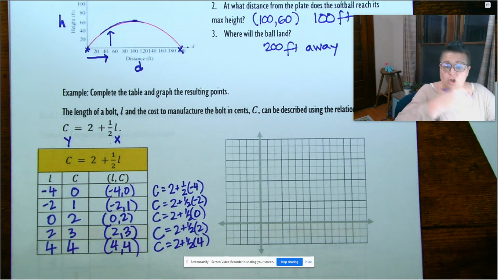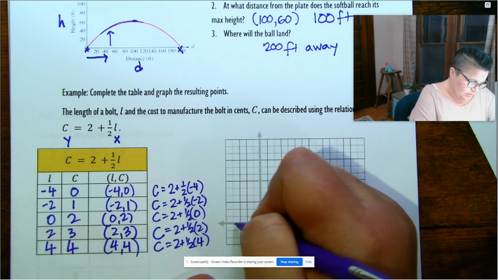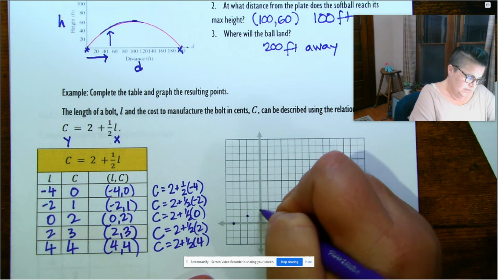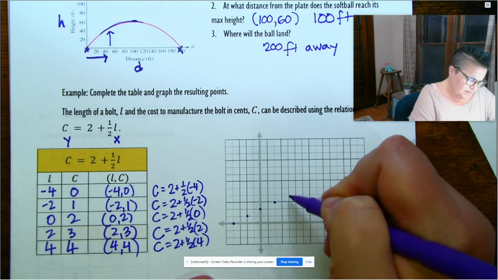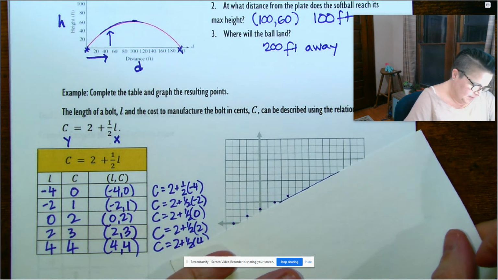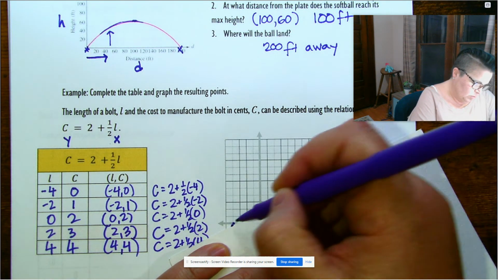Okay. Plotting this, I'm just going to plot the points. -4, 0. -2, 1. 0 is at 2. 2 is at 3. 4 is at 4. And this gives me the graph of this line. Now, here's the point.